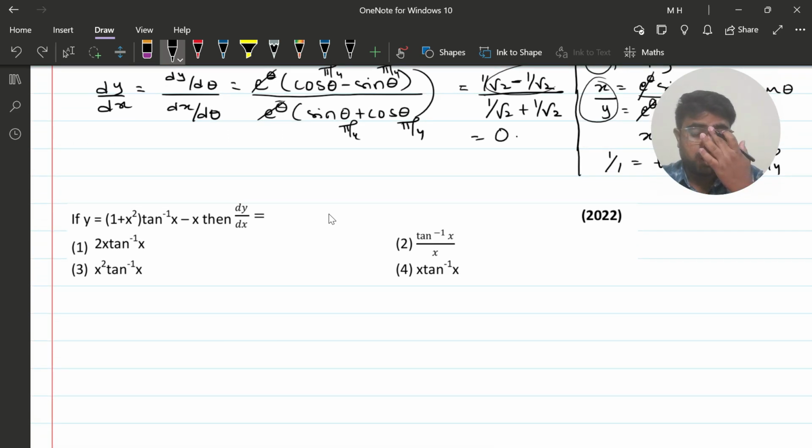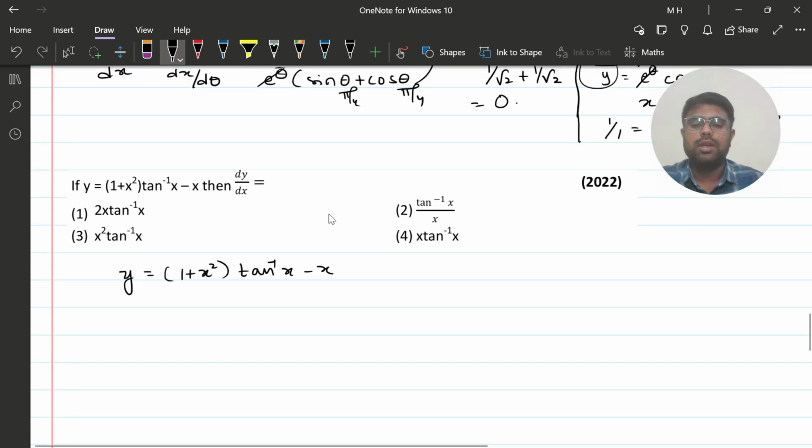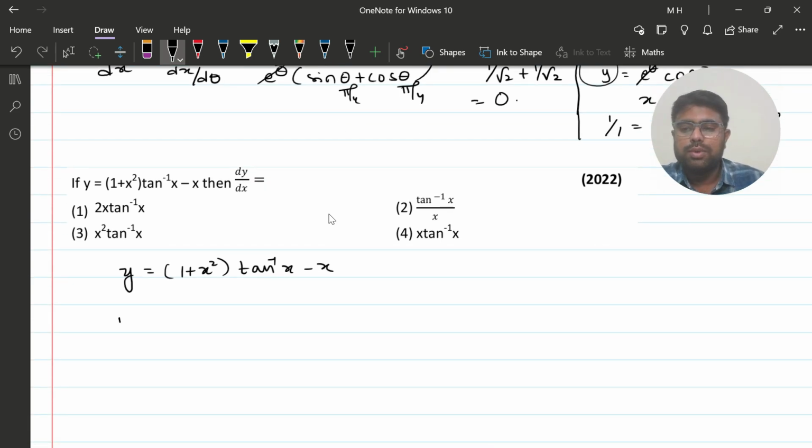It's a very simple and straightforward differentiation that we have to do. So we will take it up. Y is equal to 1 plus x square into tan inverse x minus x. The derivative of this would be dy by dx is equal to, what is the derivative of 1 plus x square? It is 2x. Keep tan inverse x as it is because we are using the product rule, plus keep 1 plus x square as it is.